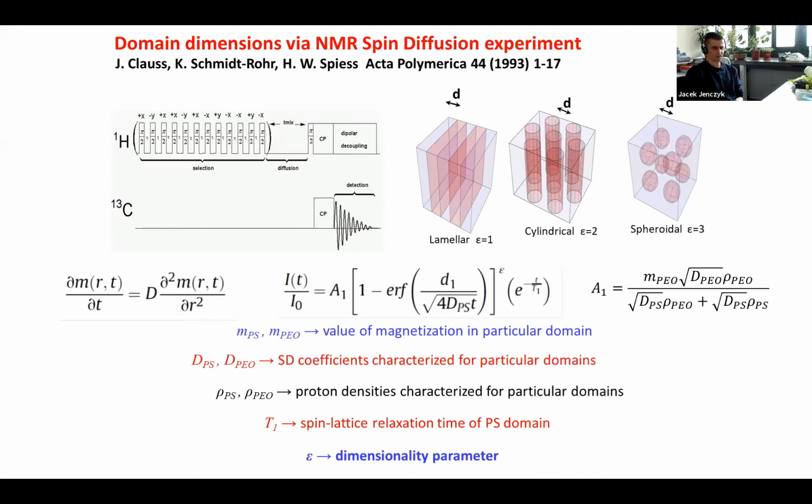Even small angle scattering data don't provide any information about the interfaces, while NMR does, and it can give us extra information about the morphology, how sharp the interface is within such systems.